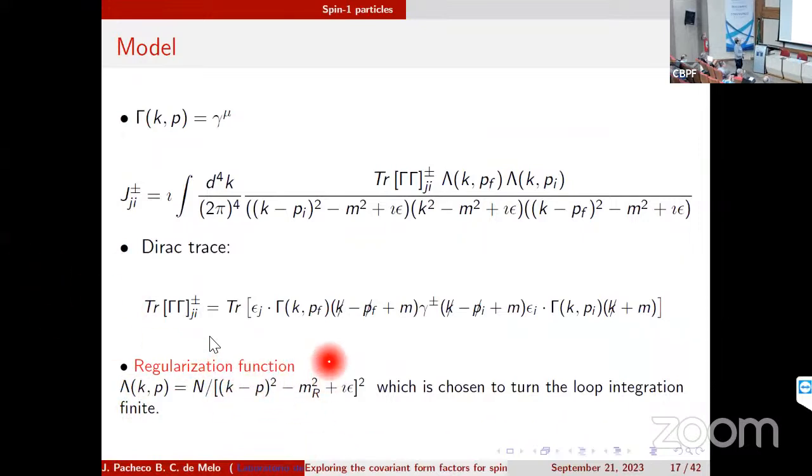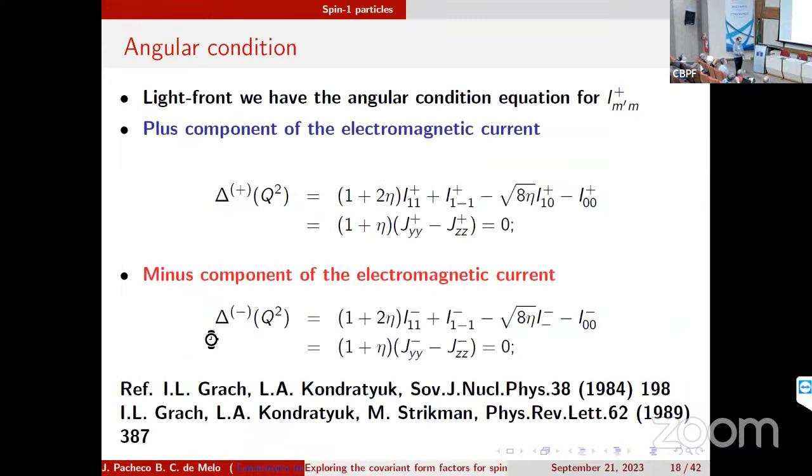Then I need to calculate this amplitude here, the trace and so on. But this amplitude is divergent. Then I need to put, like Paulo Villares, some regulator. I use this because after integrating over k minus, I obtain the Bethe-Salpeter amplitude, the wave function on the light front.